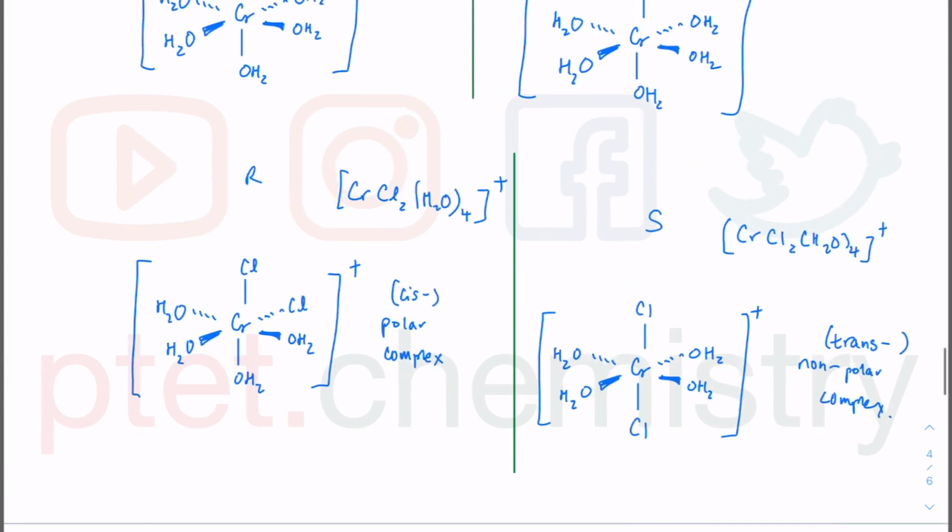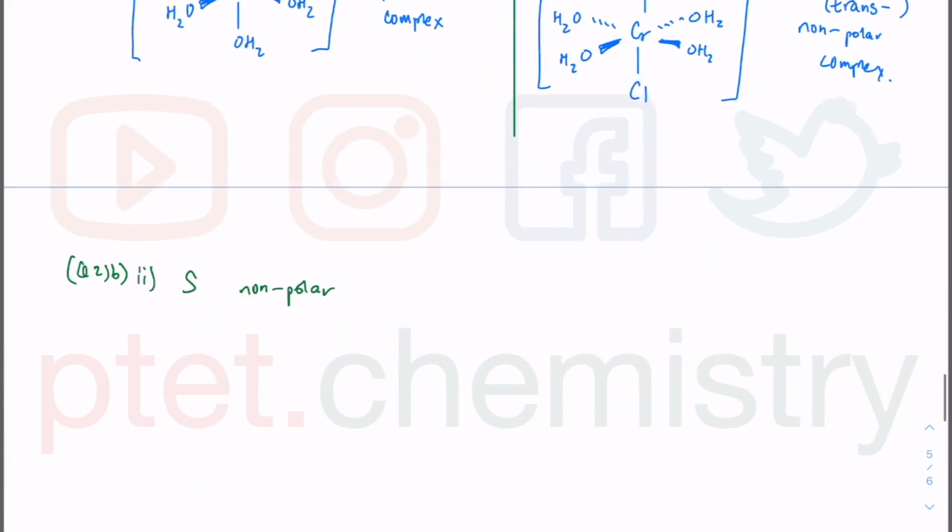S was the last one there because the chloride ligands, the chlorine and the chlorine there, are 180 degrees to each other, because the 2 Cl minus ligands are positioned trans, meaning 180 degrees to each other.